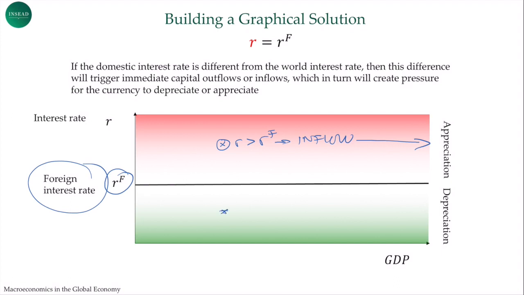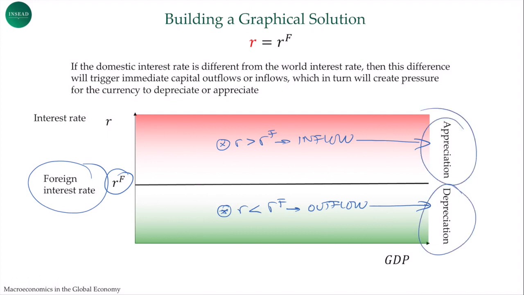If I ever find myself below this horizontal line, it means I have a rate of return which is lower than other countries. I'm going to see an outflow of capital. As capital moves out of my country, my currency will depreciate. So what we have with this line is something different from the other two. Here we have the space divided into two halves, the top and the bottom, and these two halves tell us something about the changes in the exchange rate.